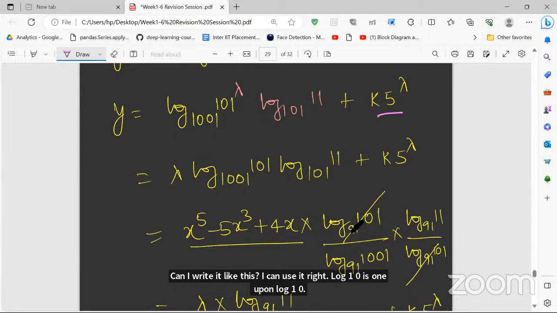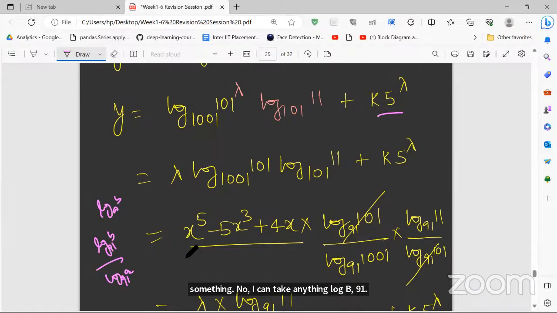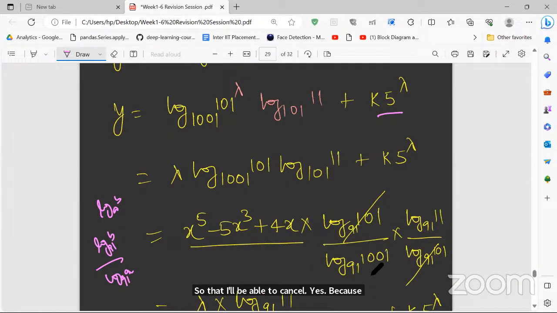And the base I can take anything, right? If you have something, log AB, I can take any base: log B91, log 91A. I just took it like this. Why did I take it? So that I'll be able to cancel this, because 1001 was a multiple of 91.